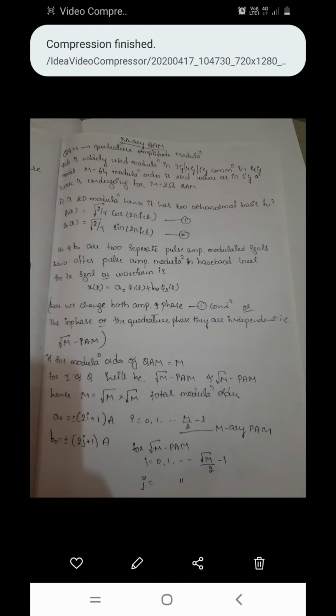So this QAM, that is quadrature amplitude modulation, is a 2D modulation. Hence it will have two orthonormal basis functions, phi 1 of t and phi 2 of t, and these are given as square root of 2 by T cos of 2 pi fct, and phi 2 of t is given as square root of 2 by T sine of 2 pi fct.